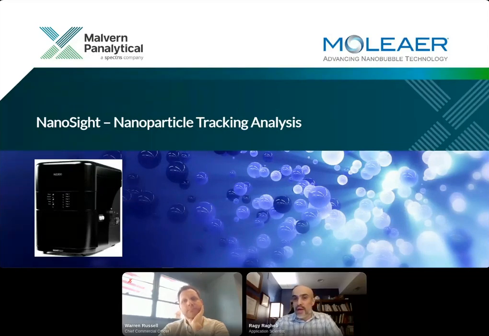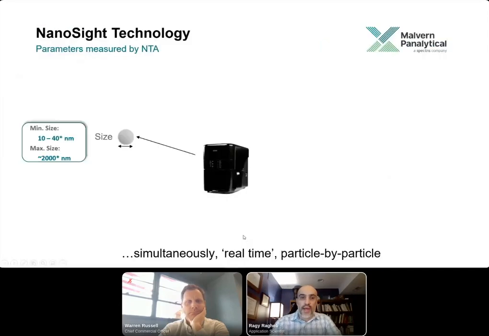When we talk about NanoSight, we're looking at a number of parameters. One is we can look at particles anywhere from 10 to 40 nanometers on the low end, depending on the density and the scattering efficiency of those particles. 10 nanometers tends to be more of your metals and metal oxides that might be present.